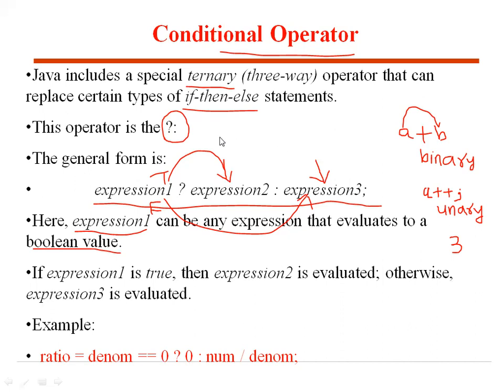Now, a best example for the conditional operator is finding the greatest of two numbers. Instead of using an if else statement, we can use the conditional operator here.